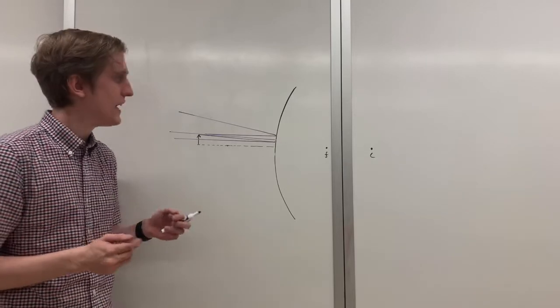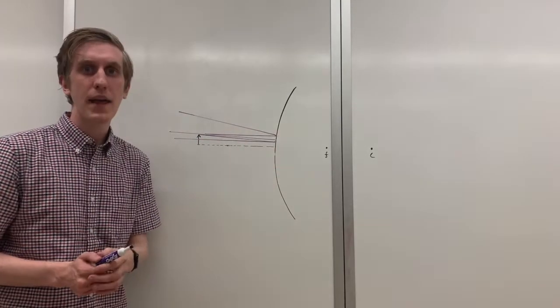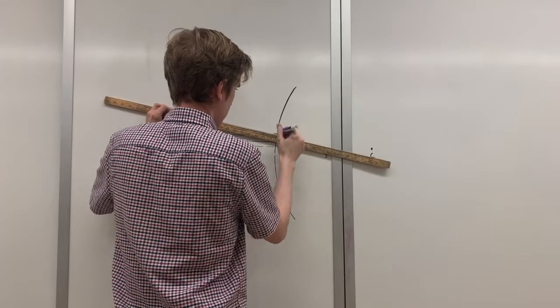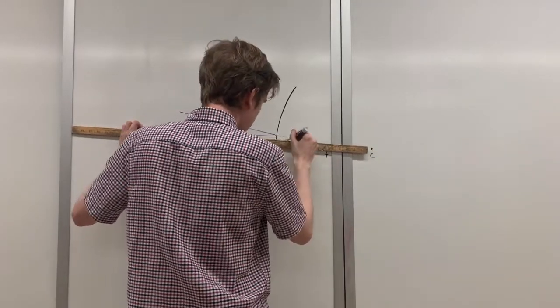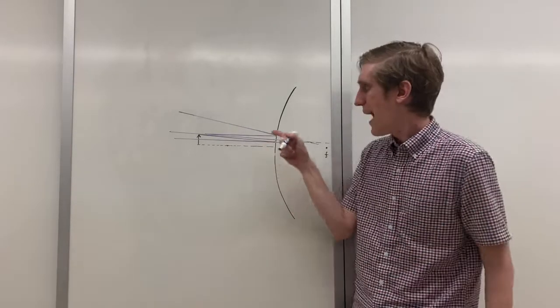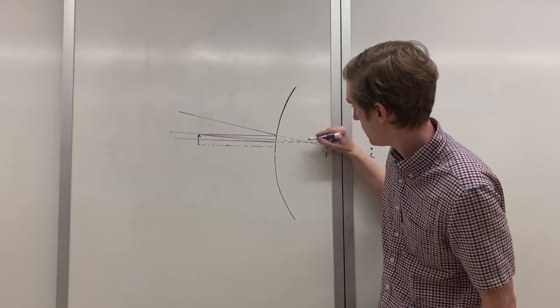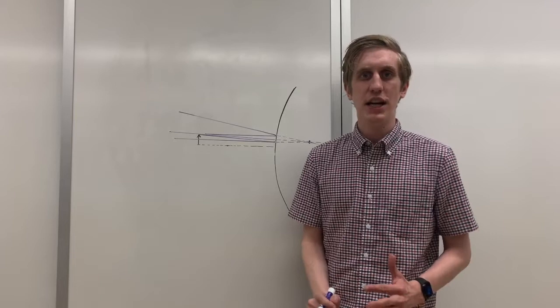To find this point, let's just imagine tracing these reflected lines back behind the mirror and see where they converge. If we trace the reflected light rays back behind the mirror, they all converge on this point. This is the location of the image in the mirror.